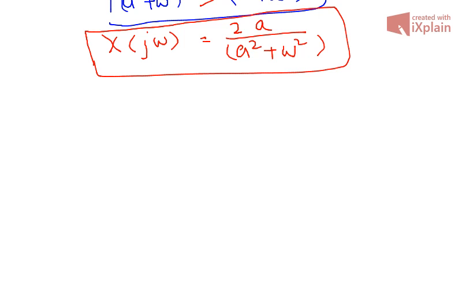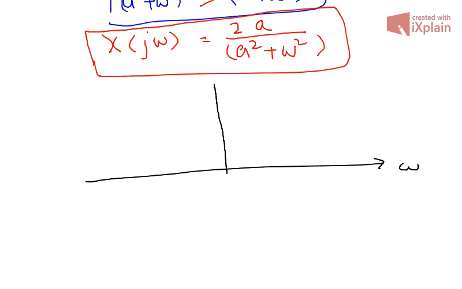You can draw it in MATLAB, and if you draw this one in MATLAB, you would see that x of j omega would look like this function.